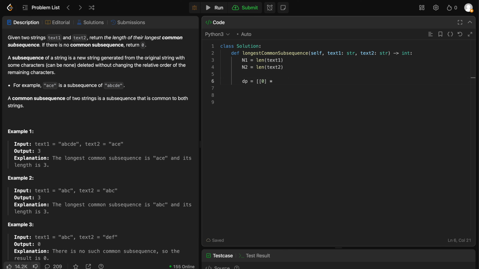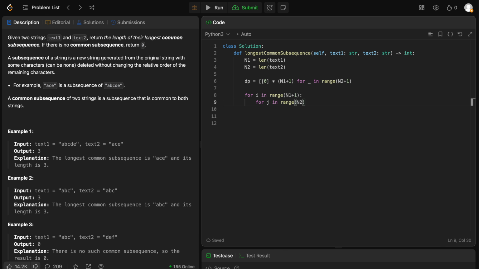Whatever we do is the same. So 1 plus 1, so this for i in range n1 plus 1, and for j in range n2 plus 1. Something like this.